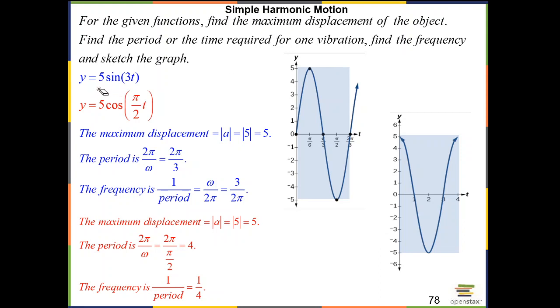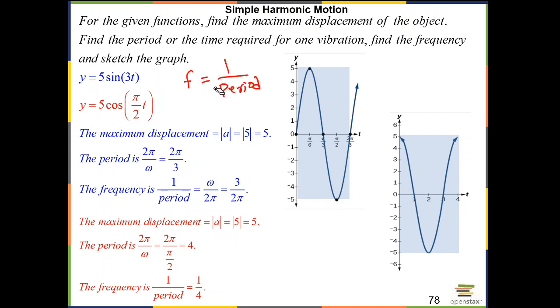Here is an example. If we assume this is a simple harmonic motion, it says for the given function, find the maximum displacement of the object, find the period or the time required for one vibration, and find the frequency and sketch the graph. Now, frequency is 1 over period.